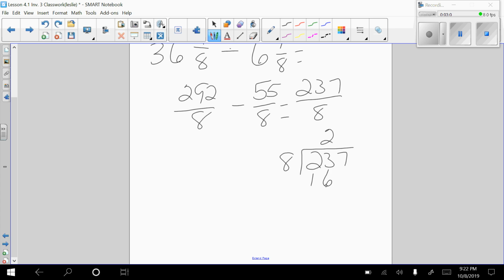That's 16. Subtract. 23 minus 16 is 7. Bring down the other 7. 8 goes into 77 9 times. 8 times 9 is 72. And I have 5 left over. That means that 237 divided by 8 is 29 with a remainder of 5/8.